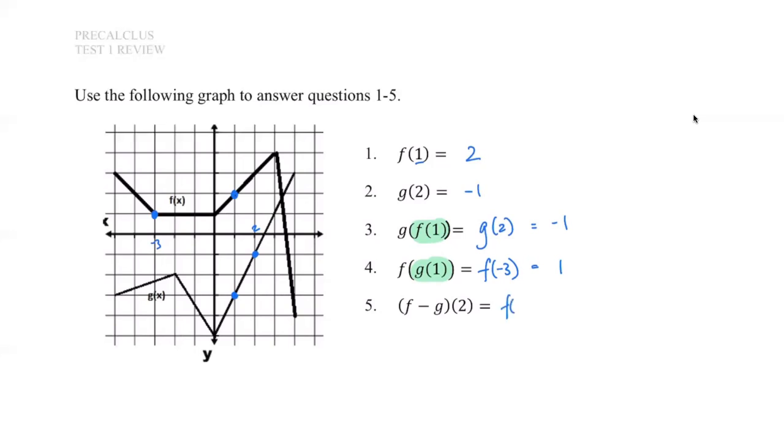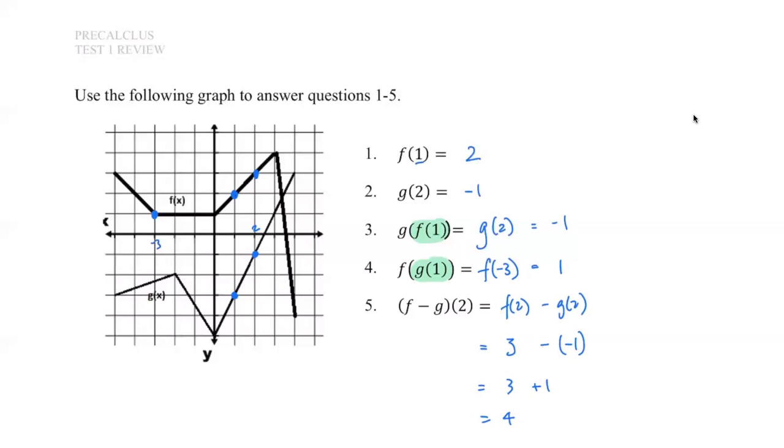It means f of 2 minus g of 2. So f of 2, which is 3, and g of 2, which is -1. So make sure that you take care of the minus sign very carefully, and that would give you 3 plus 1, that is 4.